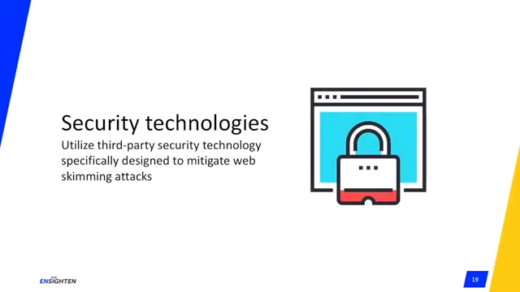And finally, there are third-party solutions which are designed to specifically mitigate web skimming attacks, and while they come in all different shapes and sizes, most operate on the premise of preventing data theft and exfiltration as a result of a web skimming attack. Ensighten provides one such technology which is designed to operate where the skimming attack actually happens, down in the browser.